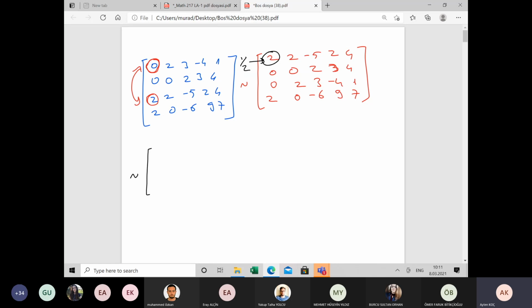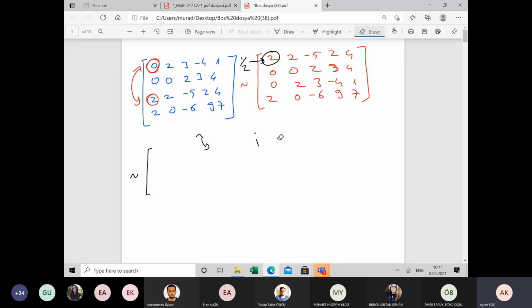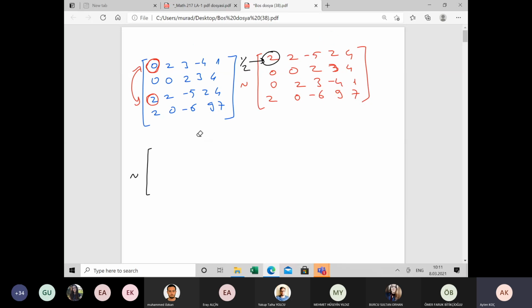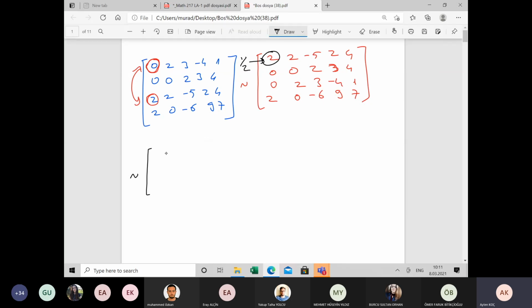Please use the arrows or notation. Depends on you, but you have to use the notation to see your operation. Take the first row, multiply by 1 over 2: 1, minus 5 over 2, 1, 2. The others are the same.